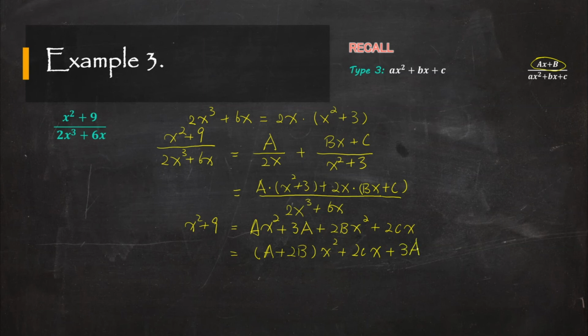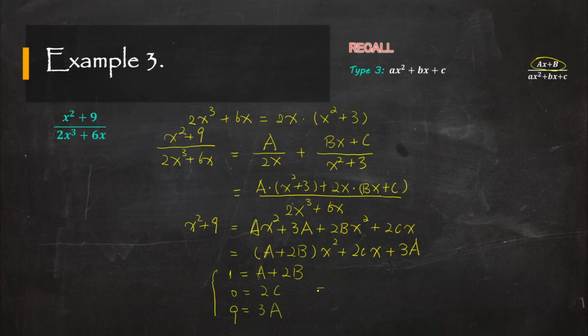So now we can check. So for x squared, we have the equation 1 equals a plus 2b. And for the term x, here is 0, so we can say 0 is equal to 2c. And the last one is 9, the constant is equal to 3a.